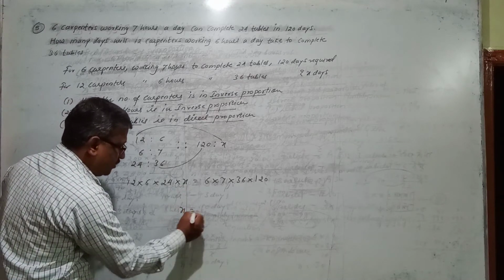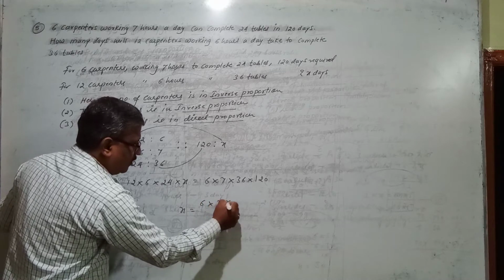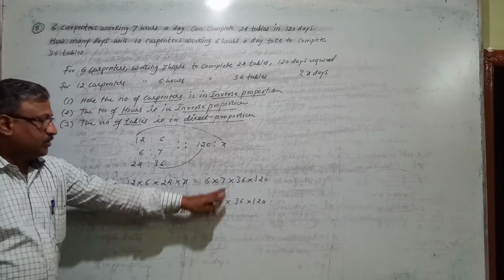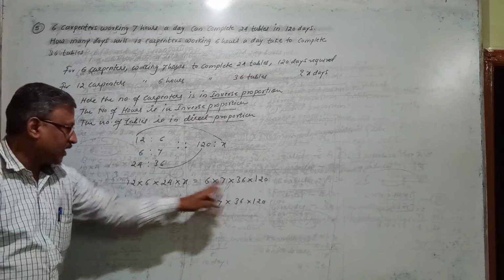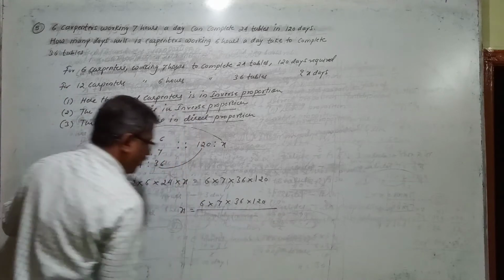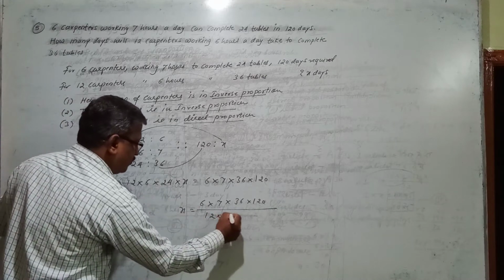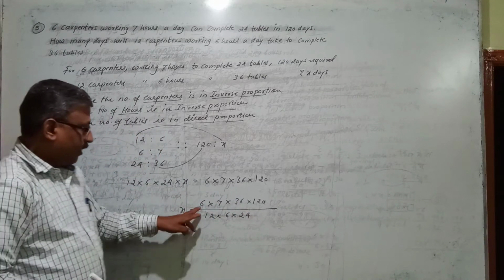So x is equal to 6 into 7 into 36 into 120. This remains as it is, and if you transfer all these three terms to that side, the multiplication becomes division. It is divided by 12 into 6 into 24.